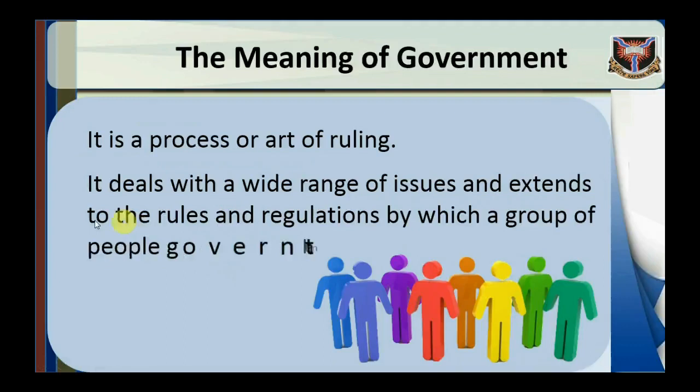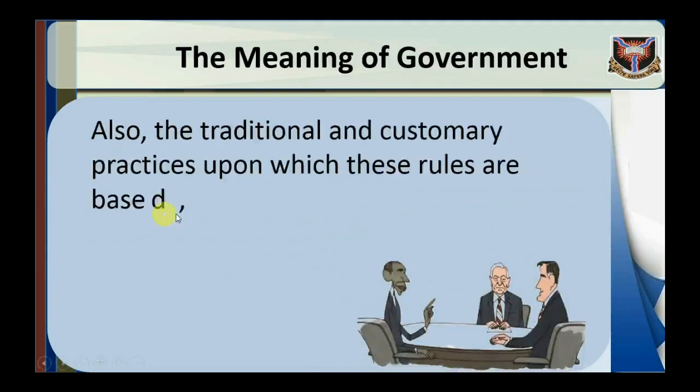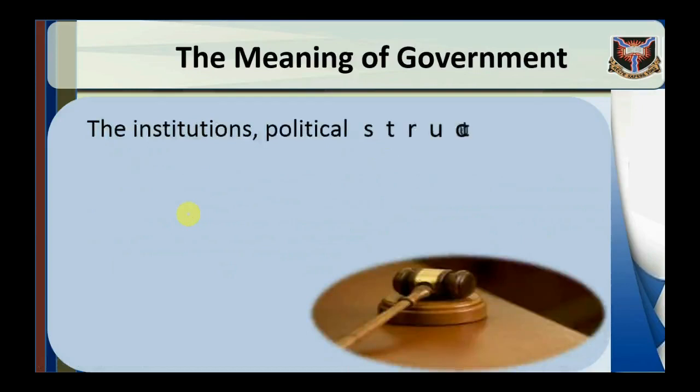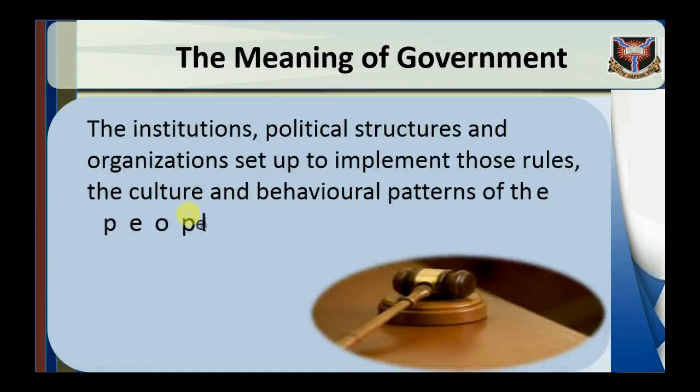It extends to the rules and regulations by which a group of people govern themselves, the traditional and customary practice upon which those rules are based, the institutions and political structures and organizations set up to implement those rules, the culture and behavior patterns of the people. Aderigbe, 2002.